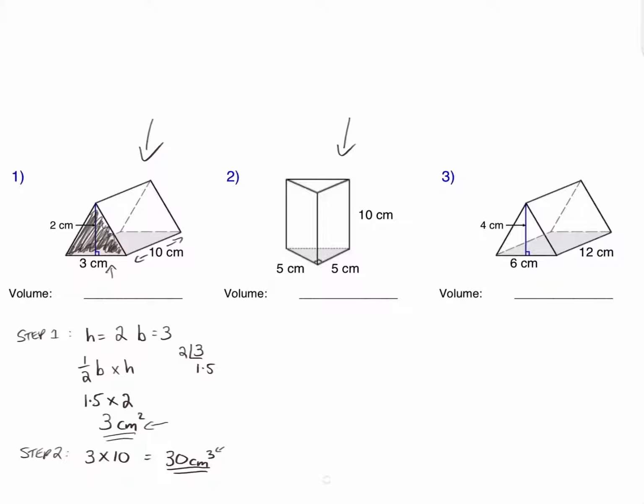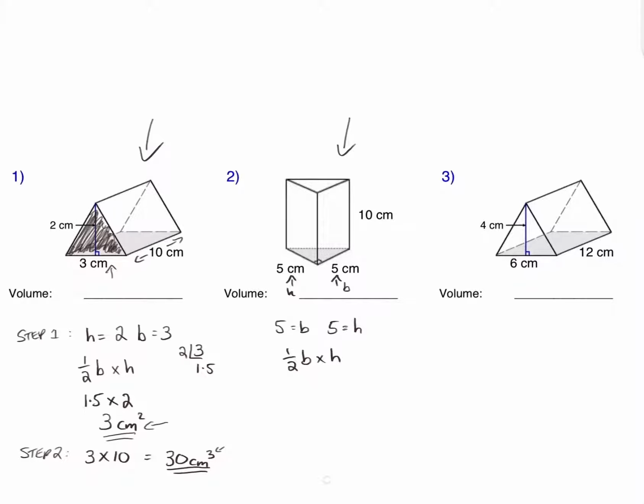Okay, if you're watching this, maybe you got stuck, or maybe you just want to make sure that you're doing it right. So here we have 5 is the base and 5 is the height. That's the triangle at the end. So we have to do half the base multiplied by the height.